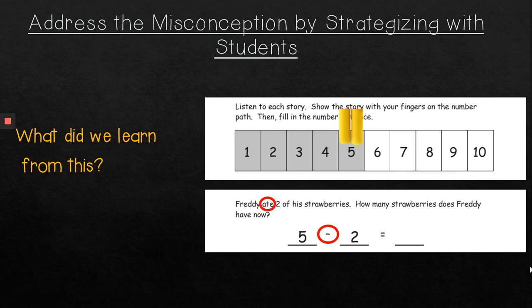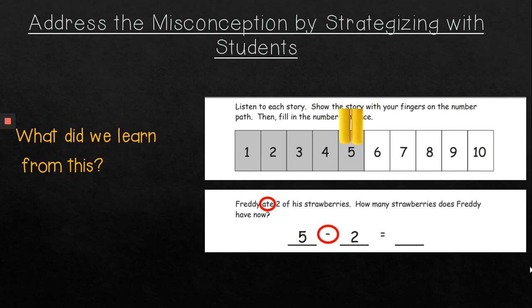So let's take a look at what way do we have to go on the number path? Do we go forward or do we go backward? If we're taking away, do we go forward and count up, or do we go backward and count down? It looks like we are counting down because we are taking away. So what should we do? We can definitely move our fingers. Let's hop down. How many times? 2 times. That's right.